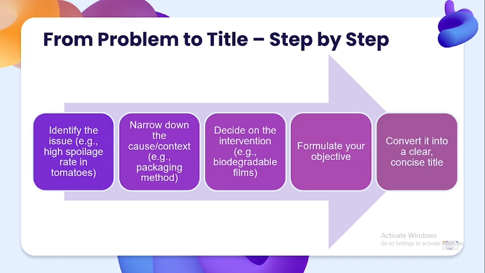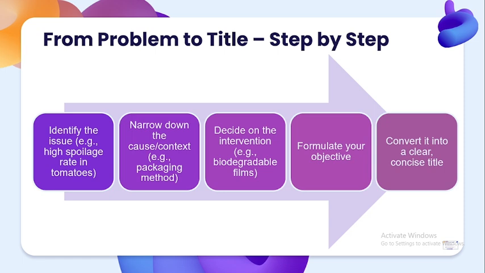Like, for the time being, we will assess different kinds of packaging and see which one performs the best for our jam. So in this way, you will firstly narrow down the problem, and then you narrow down the method you are going to use to address that problem. Then decide on the intervention, like in that specific way you are using to address the problem, what things you will be using.